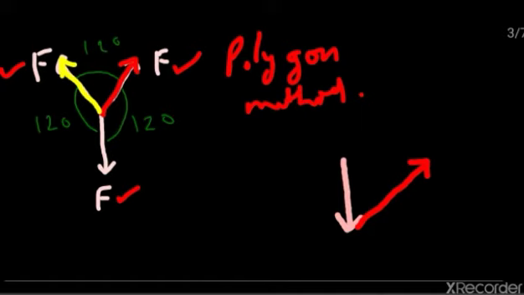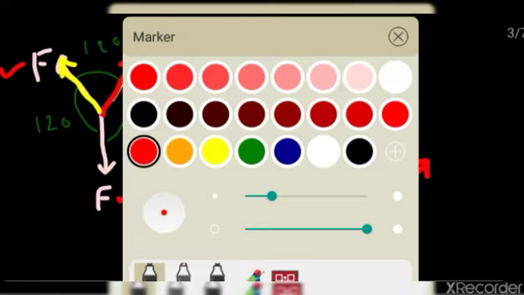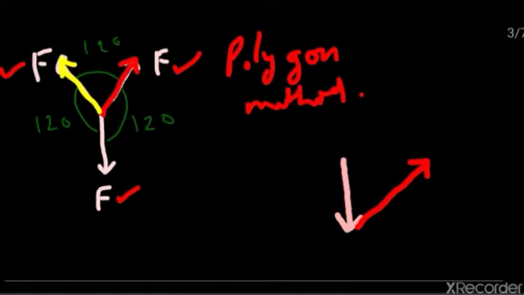Since all three forces are of the same magnitude, the length of all these vectors is the same. Only the yellow vector remains, so if I draw the last vector, the yellow vector, it will be something like this.